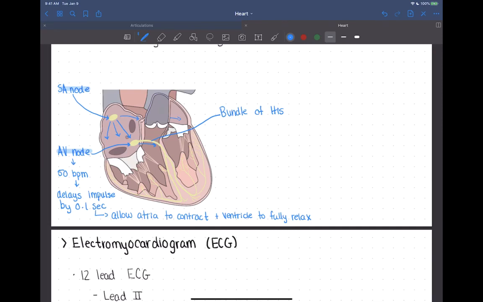And so that is going to carry that information because there is a connective tissue block between the atria and the ventricles. And so this bundle of His carries that impulse through that connective tissue into the ventricles. So now it can spread through the ventricles. It does that by traveling through these right and left bundle branches.